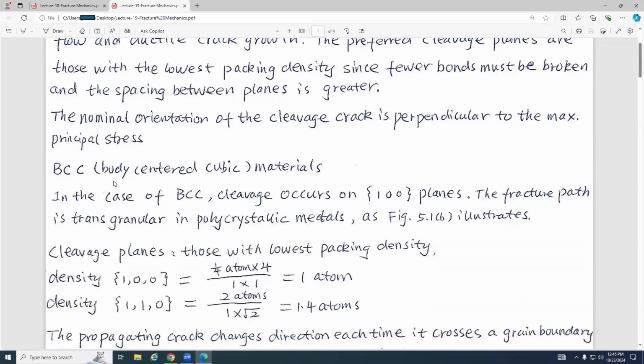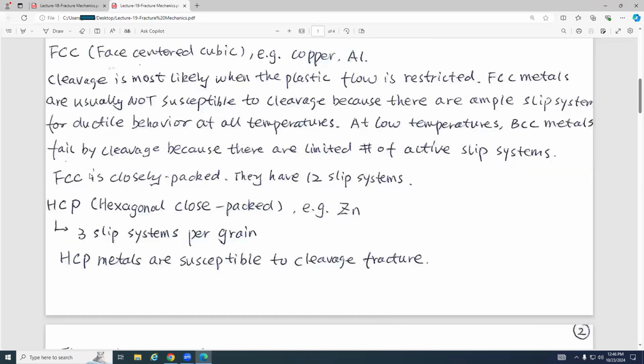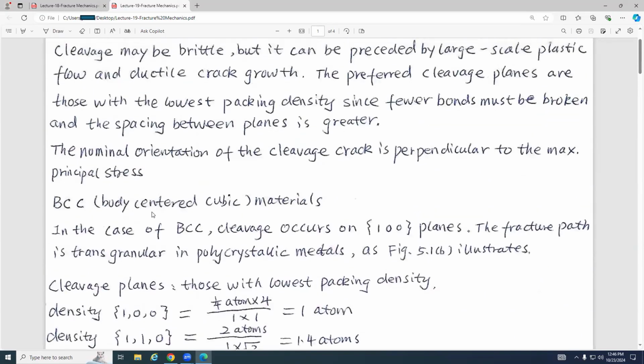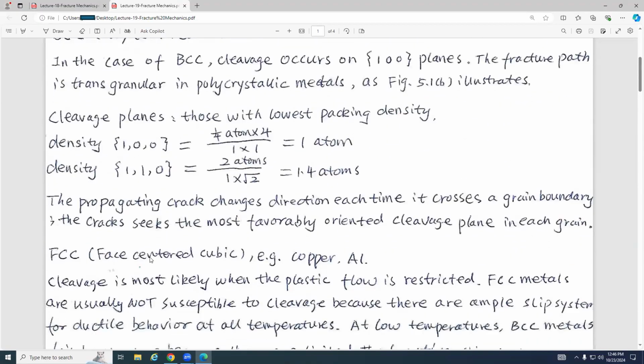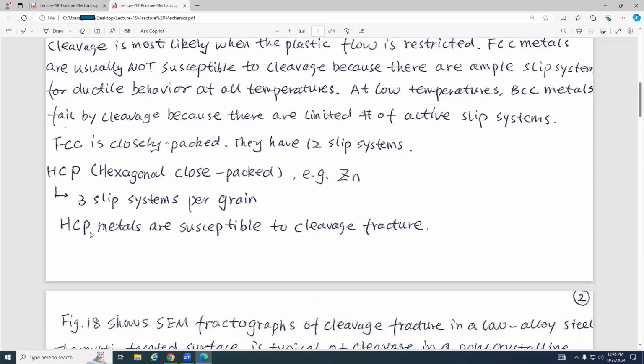So BCC, you still remember BCC, FCC, and HCP, guys? Yeah, BCC is a body-centered cubic material, and FCC is a face-centered cubic material, and HCP is hexagonal close-packed material. So BCC and HCP metals are susceptible to cleavage fracture.